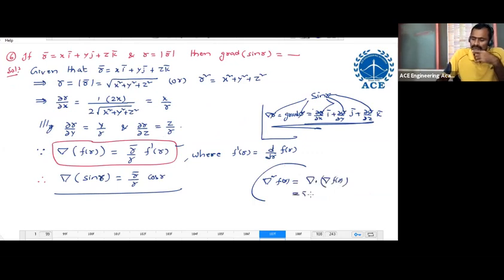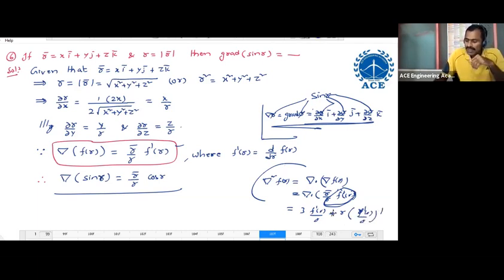Del f of r is already known: r bar by r into f dash of r. Then we can use the next formula, del dot some function of r into r bar: 3 into f of r plus r into f dash of r by r derivative. If we simplify this, we get the result.